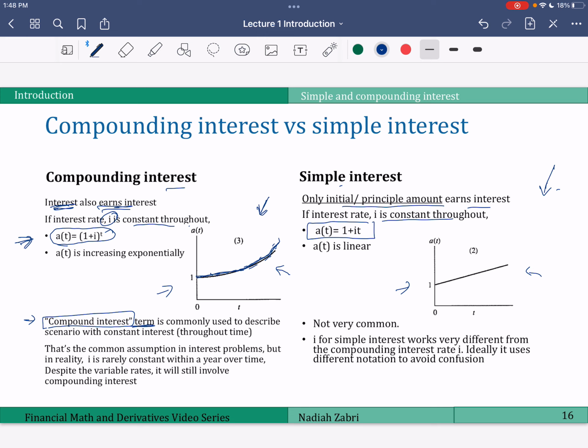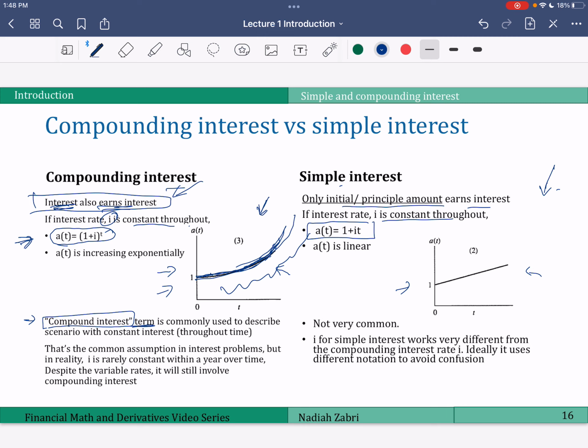As long as interest earns interest, it is a compounding interest scenario. It doesn't have to look like this pattern. It can look like this and still be a compounding interest scenario, as long as interest earns interest. But this is the cleanest, simplest version of the compounding interest scenario.